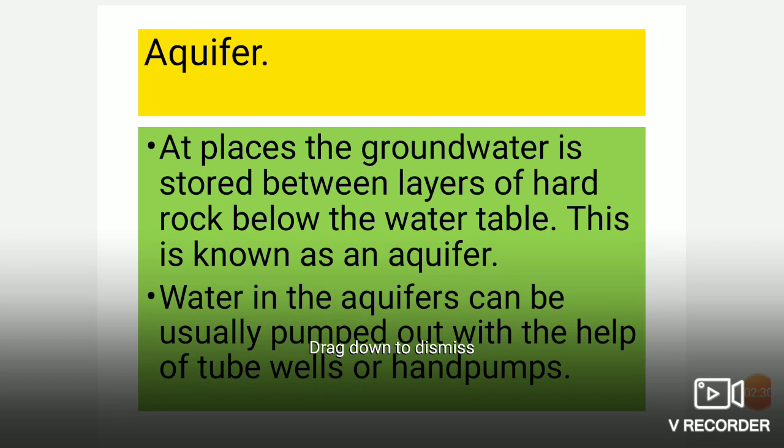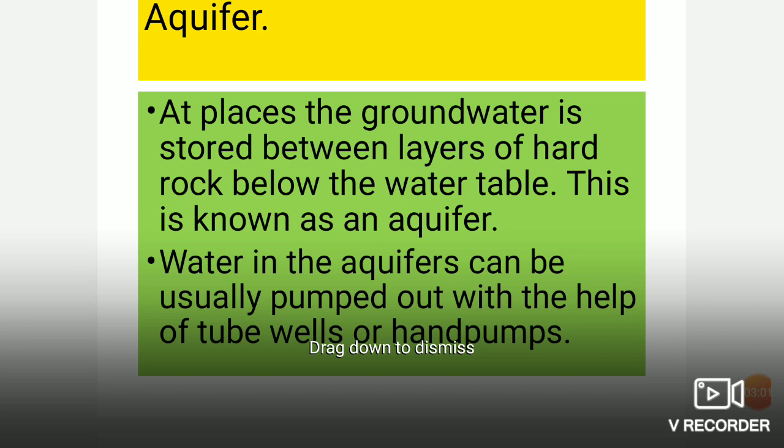Aquifers. At places, the groundwater is stored between the layers of hard rock below the water table. When we move downwards, we find that the groundwater is below the D horizon, below the rocks. This is known as an aquifer. Water in the aquifers can usually be pumped out with the help of tube wells or hand pumps.